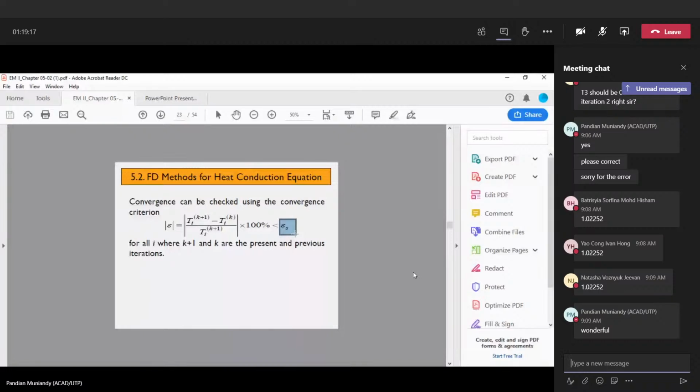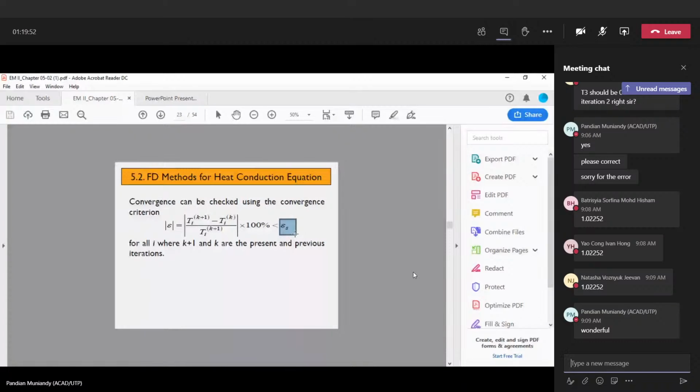In order to calculate the error, which we call the convergence rate, the lesser the better. If the error is less, then the accuracy is very high. So the error for temperature 1 is T superscript 2 subscript 1 minus T11 divided by T12.